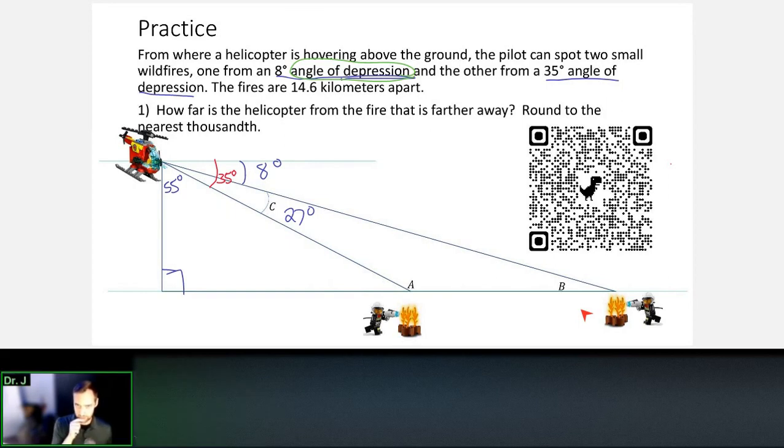We know all three interior angles of a triangle add up to 180. We know two of the three angles, so we could have just done 180 minus 90 minus 55. What does that equal for this angle right there? 35 degrees. Yep, so I'm just going to put in 35. And then I'll talk about the other way to do it.